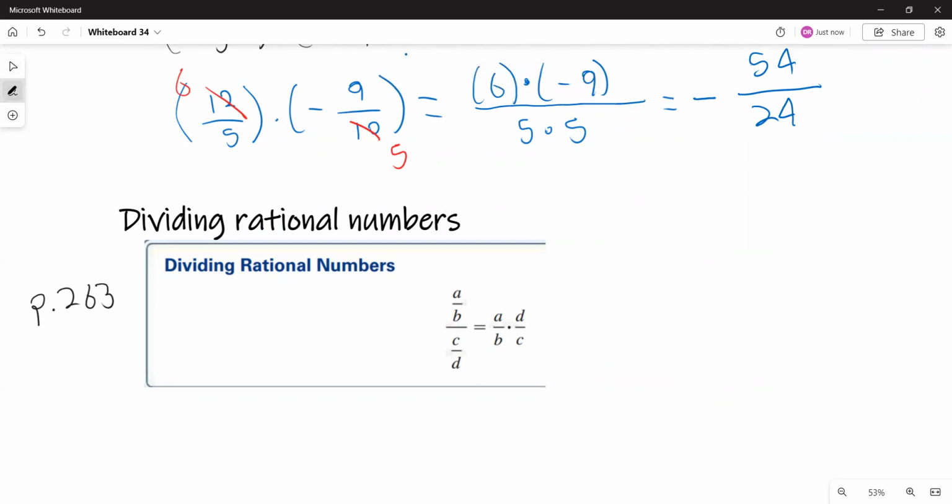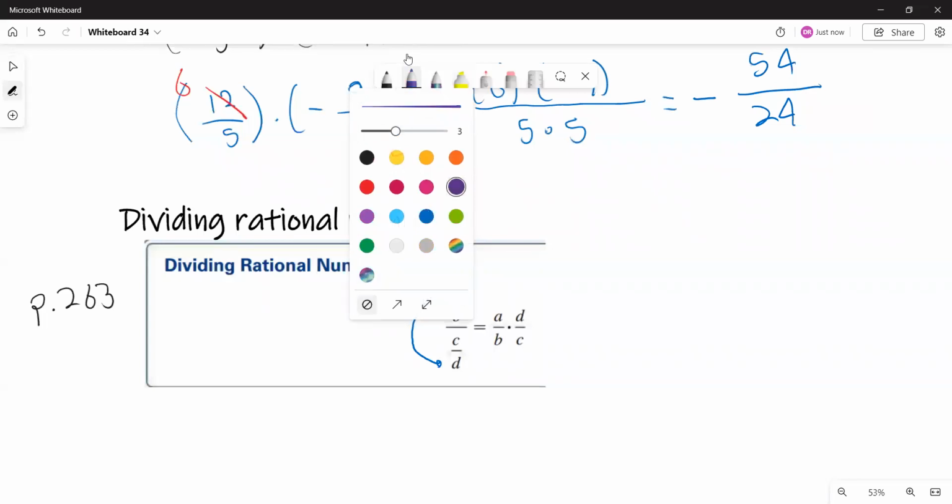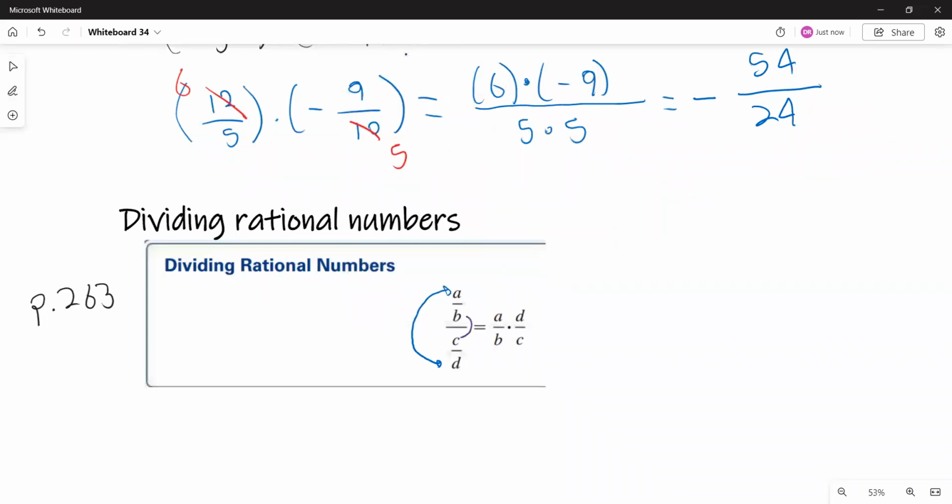So the numerator is going to be the product of the outside numbers, and the denominator is going to be the product of the inside numbers. So A/B divided by C/D is A/B times D/C.